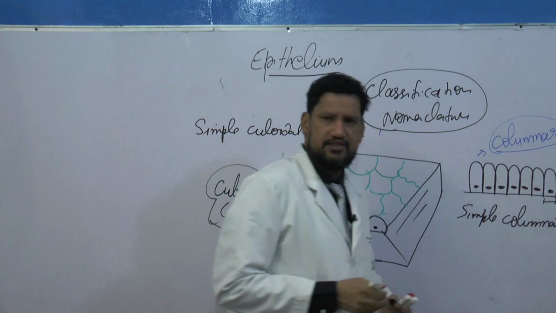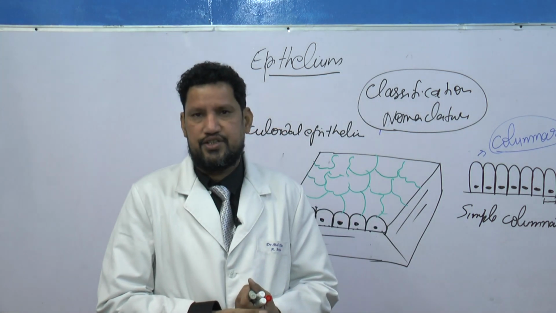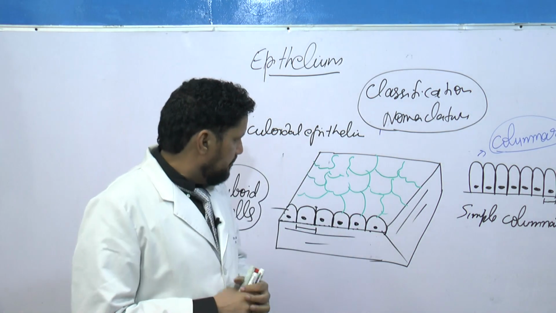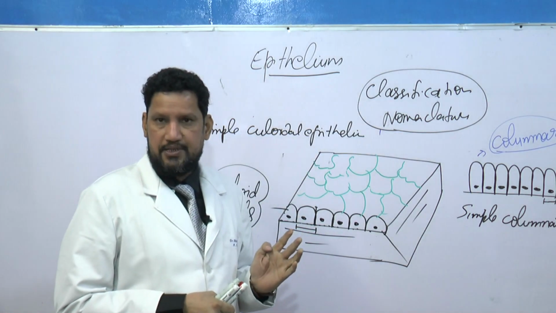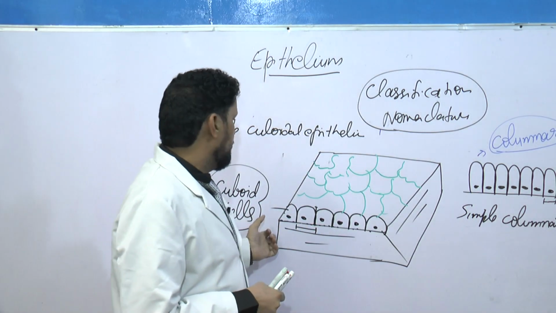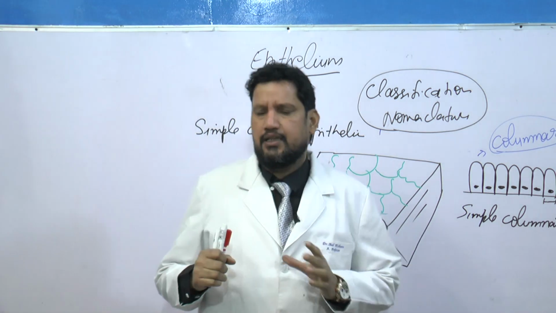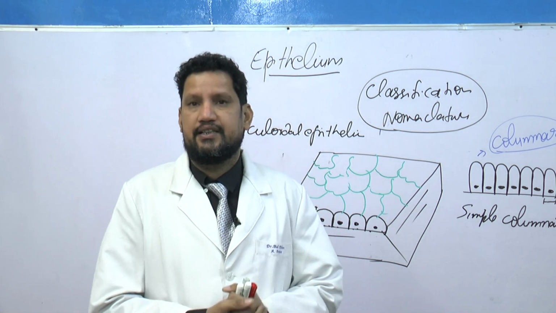This type of epithelium is seen mainly in the GIT, gastrointestinal tract. So these are three primary simple epithelia: the simple squamous epithelium, the simple cuboidal epithelium, and the simple columnar epithelium. When these cells are arranged in a single layer and are not forming a strata.